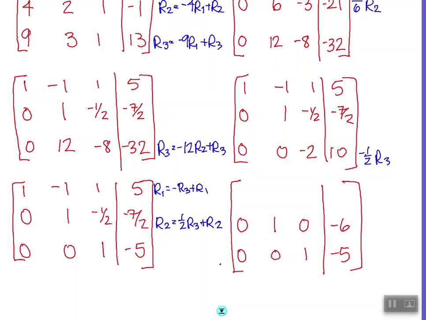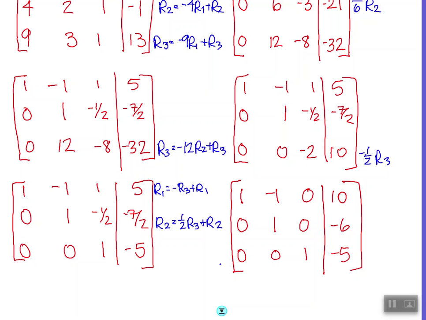If I multiply the third row by negative 1 and add it to the first row, I get 0 plus 1 is 1, 0 plus negative 1 is negative 1, negative 1 plus 1 is 0, and 5 plus 5 is 10.